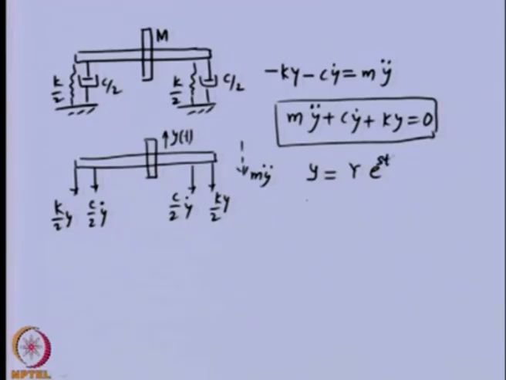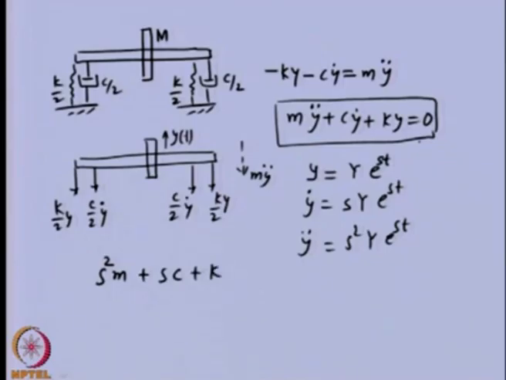If we take derivatives twice, once we will get this, another derivative we will get s square Y e to the power s t, and if we substitute this in the equation of motion, we will get this expression where Y is common, e to the power s t is also common, equal to 0.